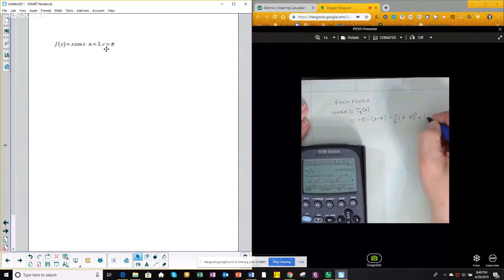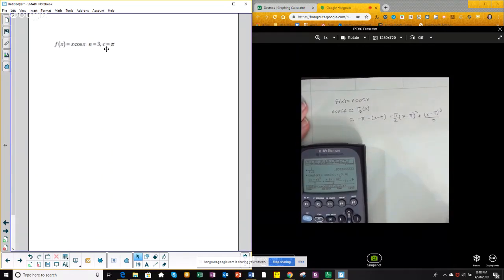Plus x minus pi cubed over 3. Now let's see if we got that right. Now x minus pi cubed over 2 plus pi over 2 times x minus pi squared. There we go. And there's our Taylor polynomial, third degree, because the highest degree is 3. So this is centered at x equals pi.